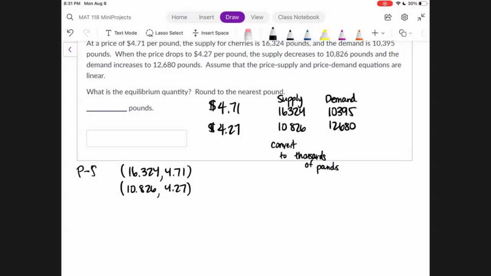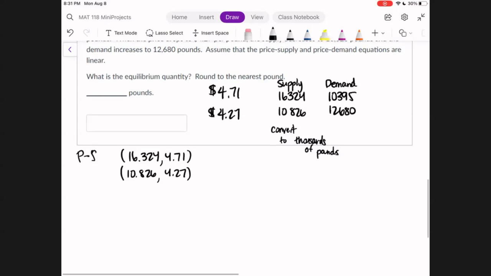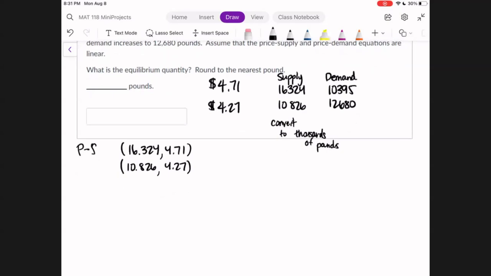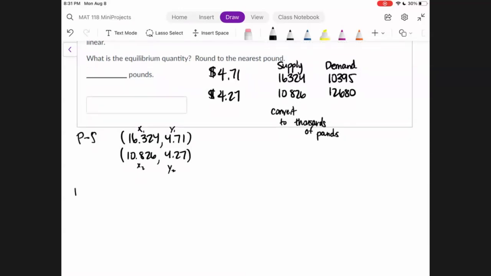So use these two, get your equation. So what would our slope be? Okay. So if this is like x1, y1, x2, y2, you should get your equation. So you could practice from before.